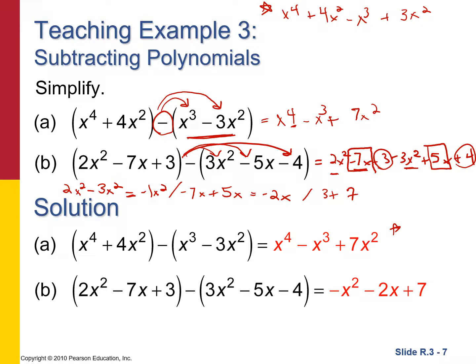And so you'll see our last term, notice they're not putting the minus 1x squared, they're just putting minus x squared, and that's perfectly fine. Minus 2x plus 7. Okay, so you have to make sure you distribute, that's the big thing here. Distribute the minus across the parentheses.